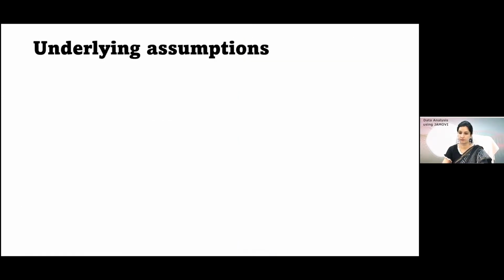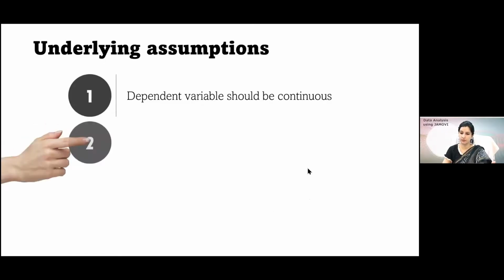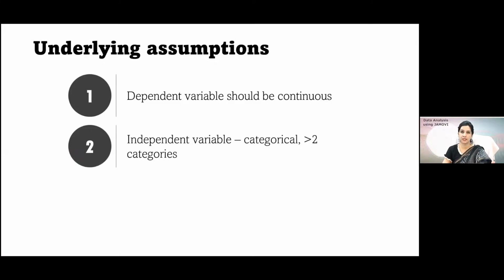So what are the underlying assumptions of this one-way ANOVA? The first assumption is that the dependent variable should be continuous. Like in this case, you have seen BMI level, serum cholesterol level. They are continuous in nature. Then the independent variable should be a categorical variable, which should have more than two categories.